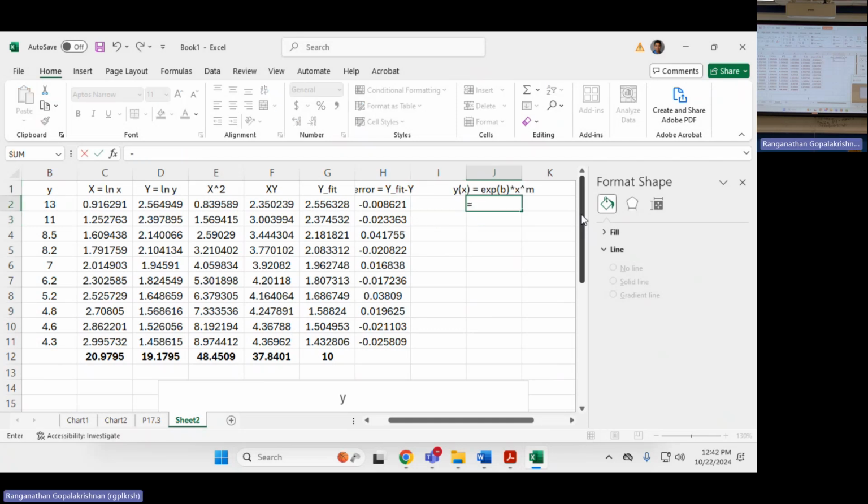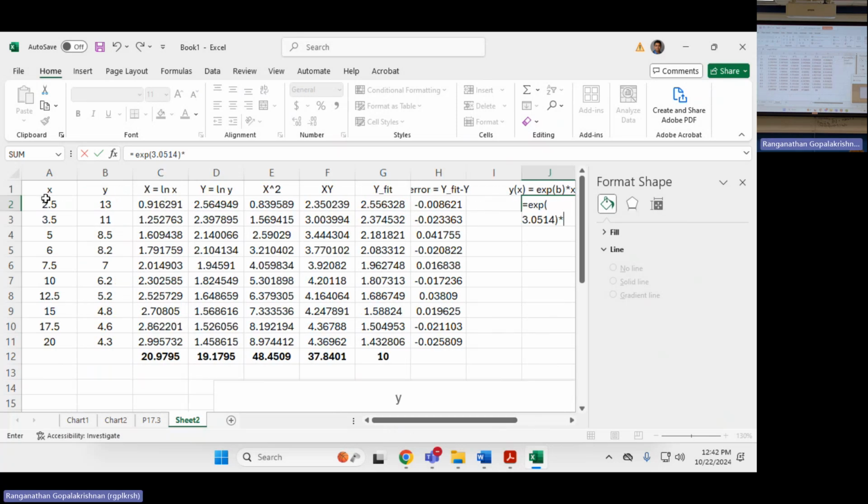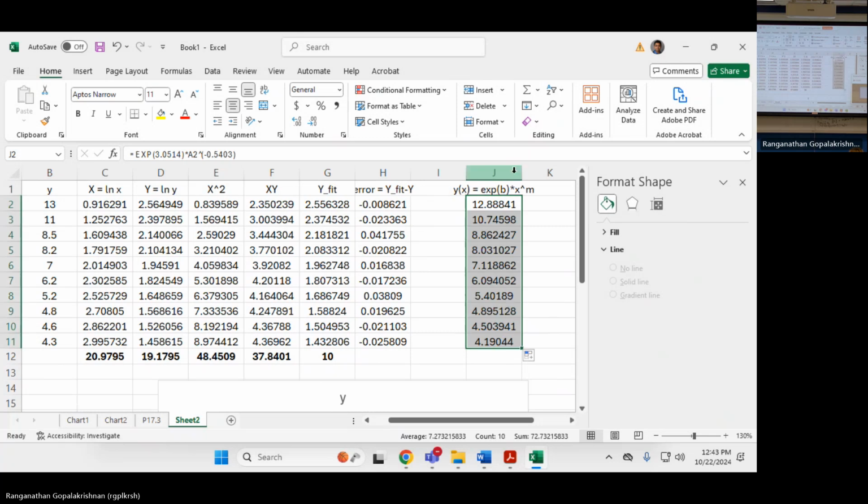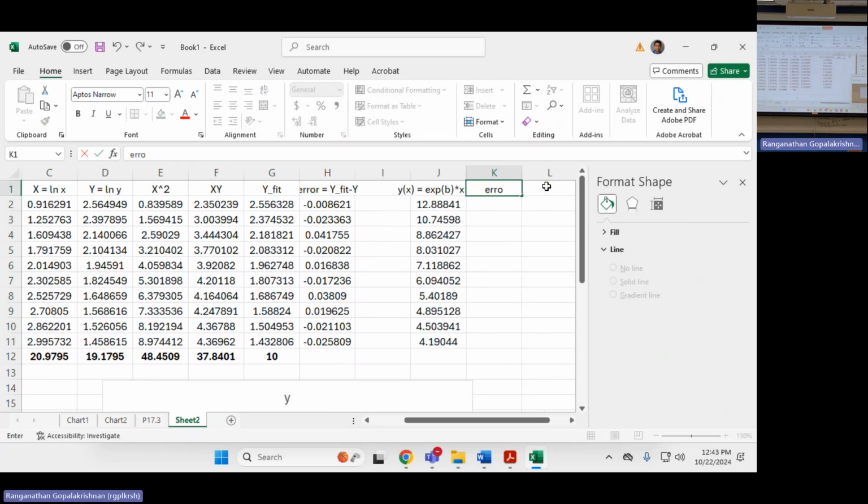Okay, that would be exponent of 3.0514 times x, which is right over here, power minus 0.5403. And the error of this fit would be y fit minus y, which is this minus 13.